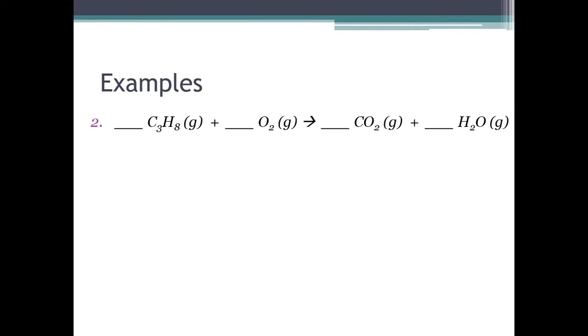Our next one, we have C3H8 reacting with O2 to produce CO2 and H2O. This is the type of problem that you should sort of just be able to pick out off the top of your head. Just on sight, you should recognize this one because here we've got carbon and hydrogen together.